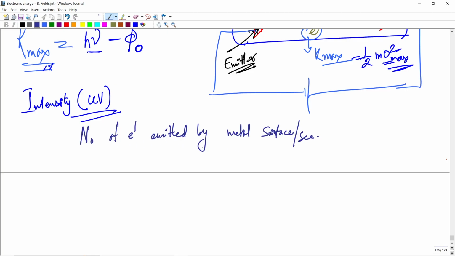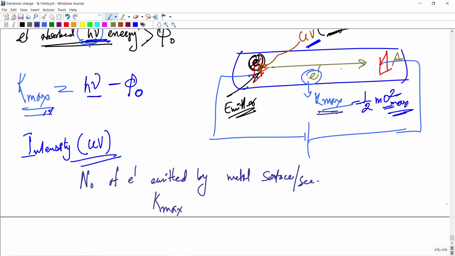So for kinetic energy, here the K max, the kinetic energy of the electron, determines the energy of each photon. Here you see that the electron moves from this plate to that plate.